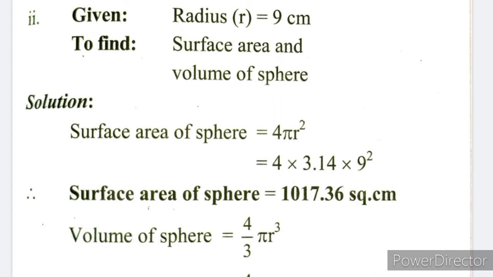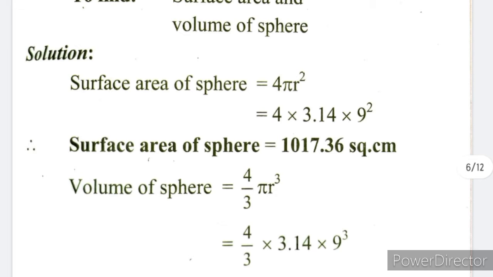Next, in the next sum we have been given the radius as 9 centimeter. We have to find surface area and volume of sphere only. That is only the sub question of question number 1. So solution, surface area of sphere is 4 pi r square, the radius is 9, so 4 into 3.14 into 9 square. We have been specifically told that we have to take the value of pi as 3.14. So surface area of sphere, if you multiply you will get 1017.36 square centimeter.